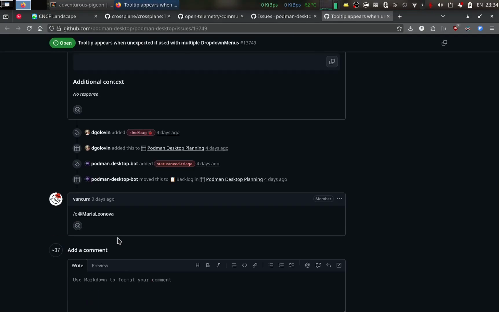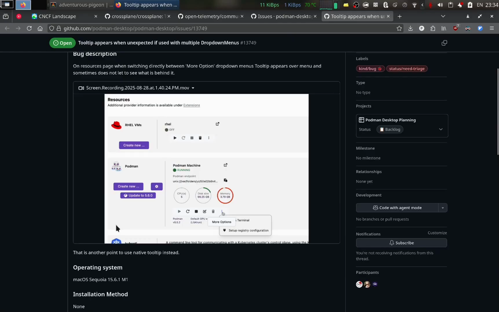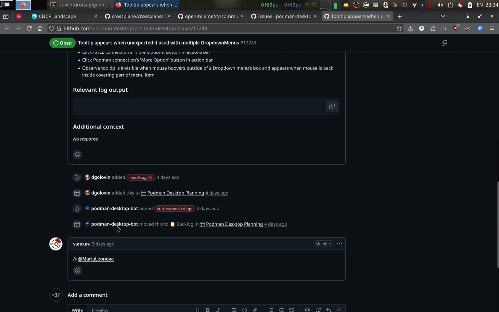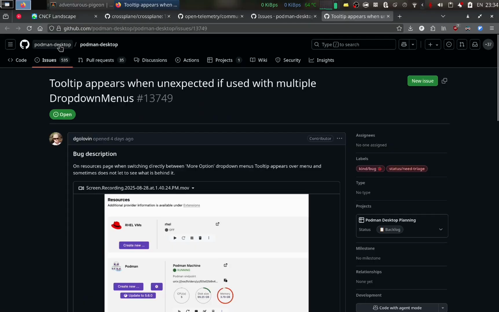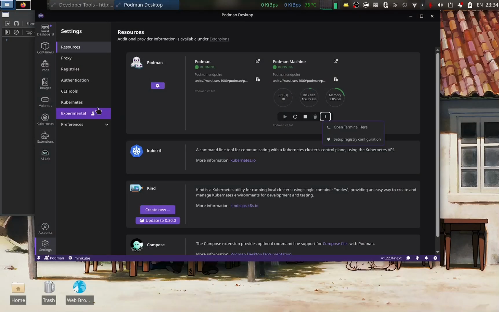Someone opened it like 3 days ago. So overall, this is a problem which I'm trying to solve, and moreover, I'm trying to understand the repository.